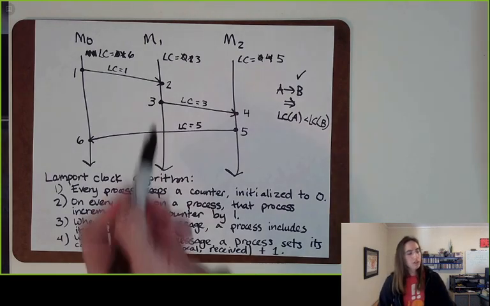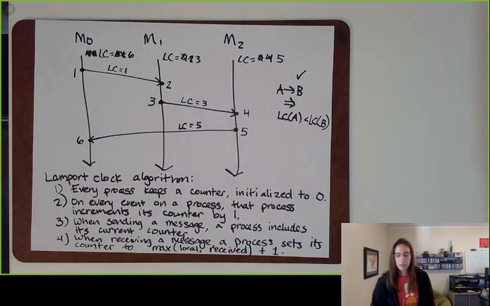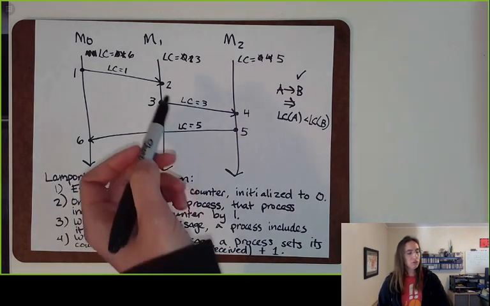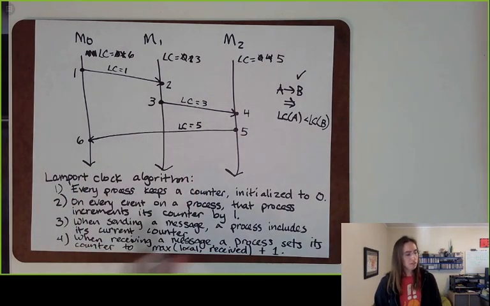So here we chose to count message receives as events, but if you weren't counting message receives as events, then the algorithm would be the same, except that you wouldn't have to do this +1 here. So if you've ever seen something like this before and it didn't have the +1, then that might be why. But today we're going to go with this notion of counting message receives as events, and so this is what the Lamport clock algorithm would look like.